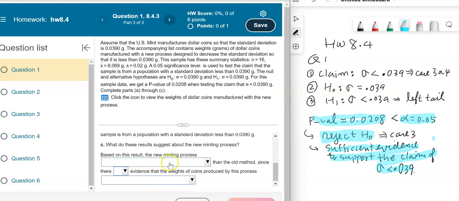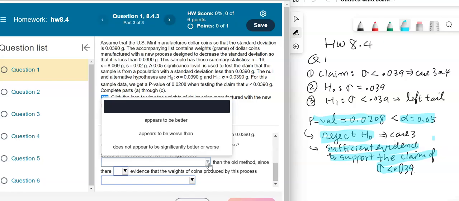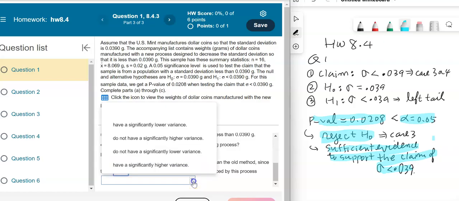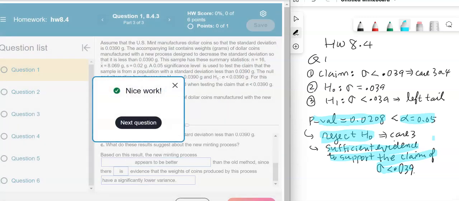Based on the result, the new minting process appears to be better than the old method, since there is evidence that the weights of coins produced by the process vary less. Significantly lower variance, it varies less, okay? It's more uniform, right?